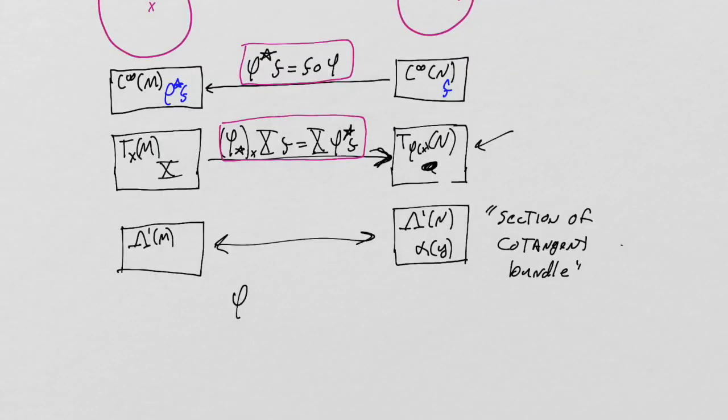Let's see, it'd be pullback. So pullbacks have the stars up here. The pullback of alpha, right? And alpha has to act at the point x. So whatever this pullback of alpha is, it's a field, right?